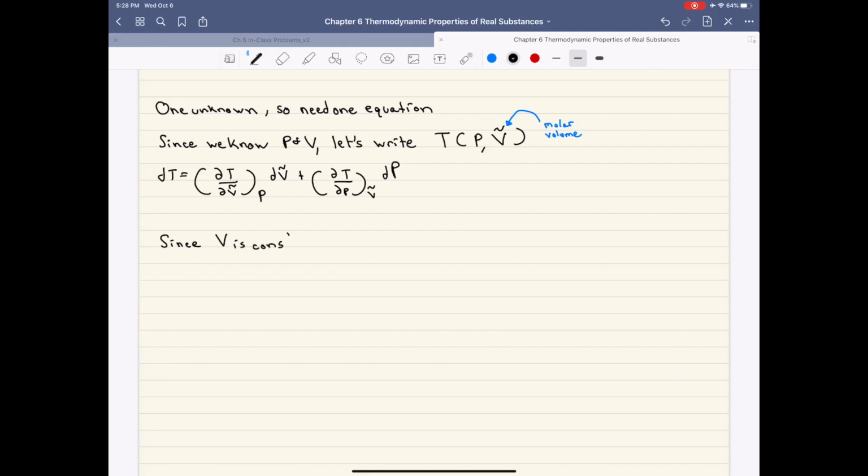But the system is also a closed system. Mass is not going in or out of the system, so the number of moles in our system is not going to be changing either. And if both volume and the moles in our system aren't changing, that would mean that the molar volume in our system is also constant.